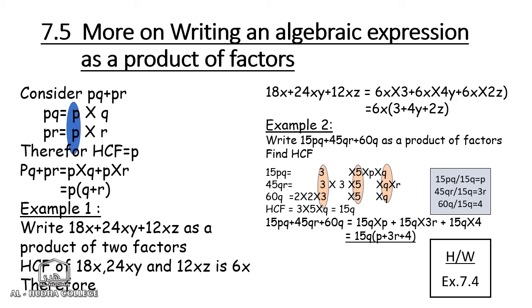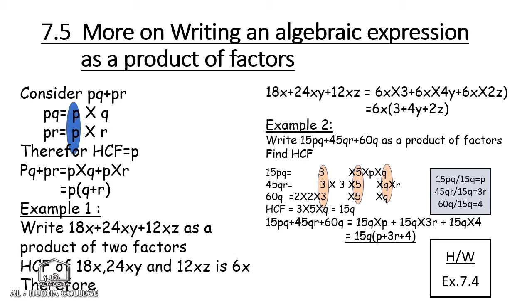Now you will find the common factors in all three. First you have 3. 3 is in all the terms, so you can pick 3. Then you have 5. 5 is in all three terms, therefore you will take 5 also. q is also in all three terms, therefore q is also taken.